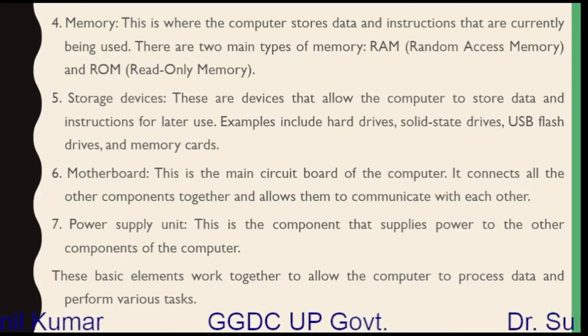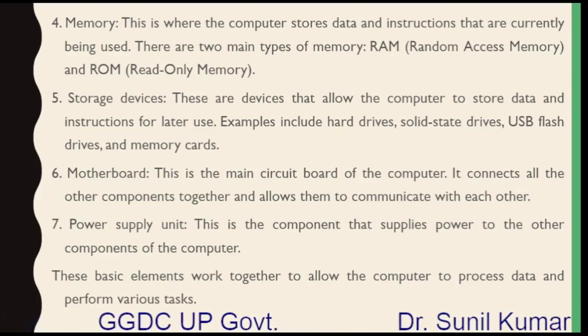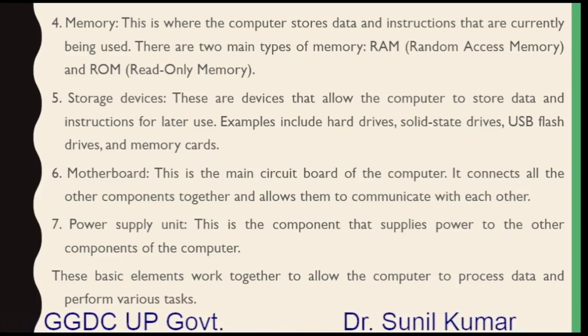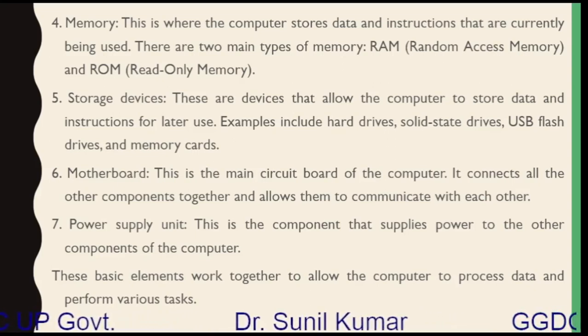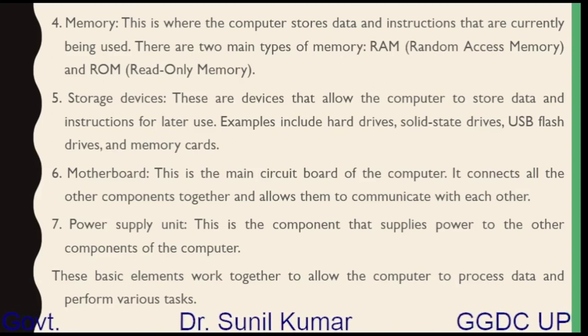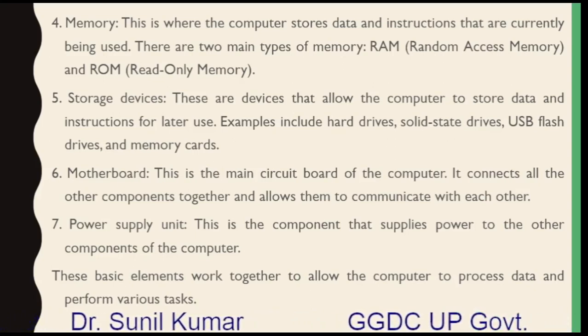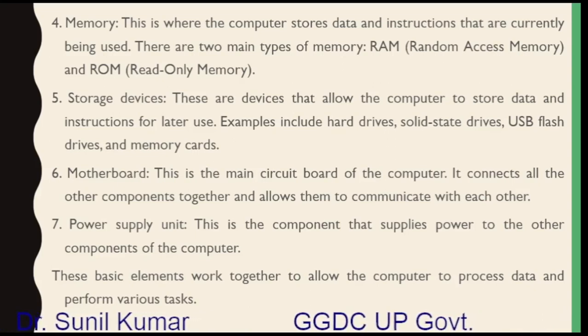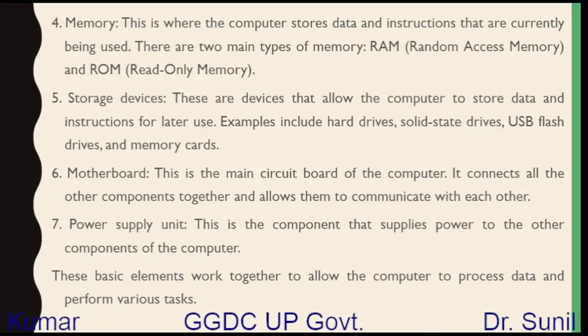There are two main types of memory: RAM, random access memory, and ROM, read-only memory. Storage devices are devices that allow the computer to store data and instructions for later use, such as hard drive, solid state drive, USB flash drive, and memory card.